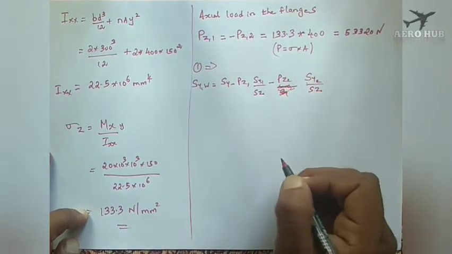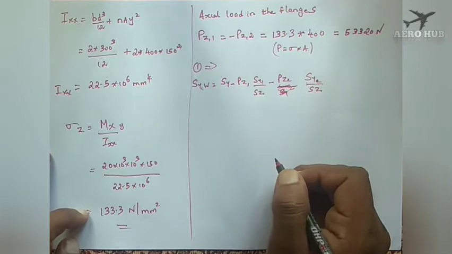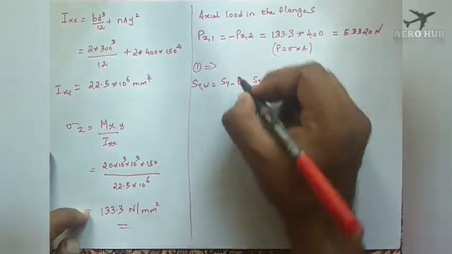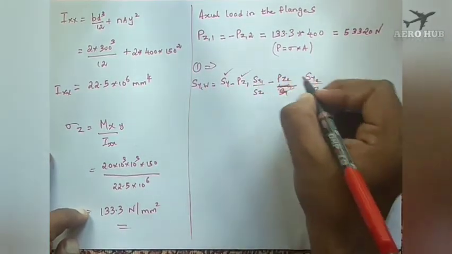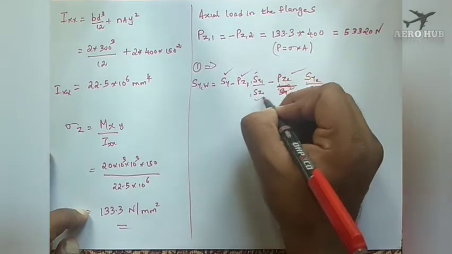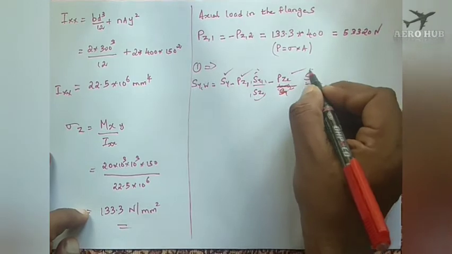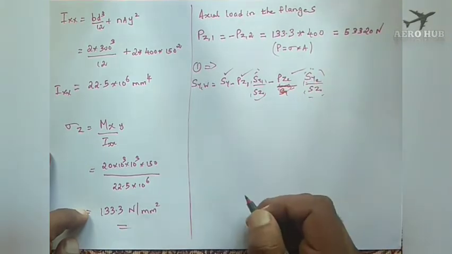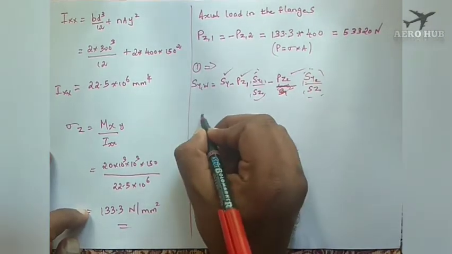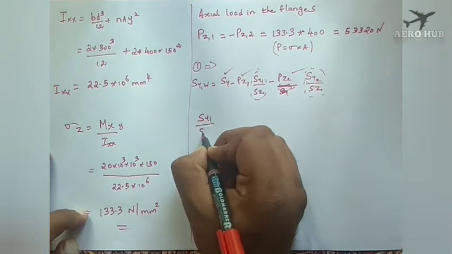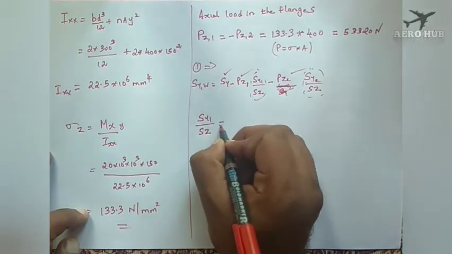Okay, there's no denominator here. So now in this equation we know the value of Sy, we know the value of Pz1, Pz2. We don't know the value of delta y1 by delta z and delta y2 by delta z. These are the slopes.